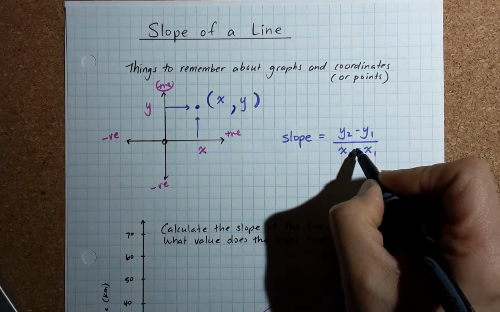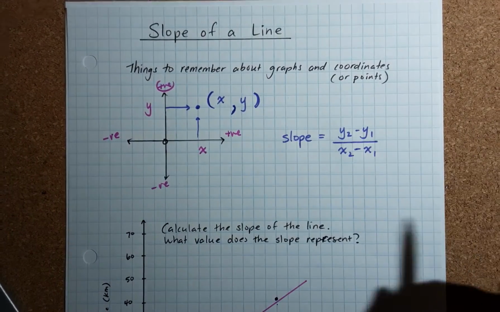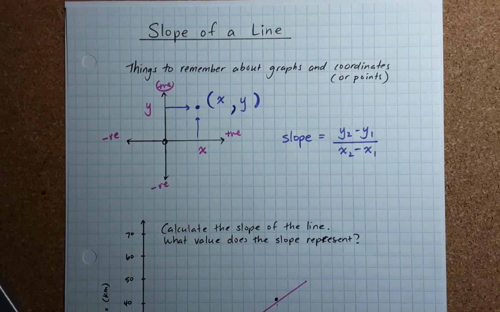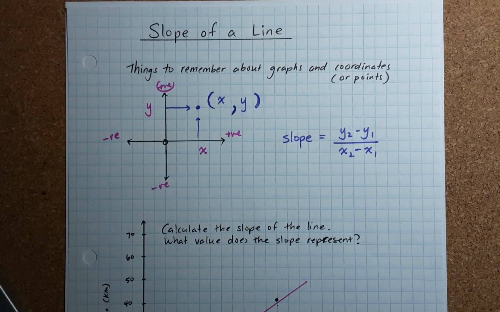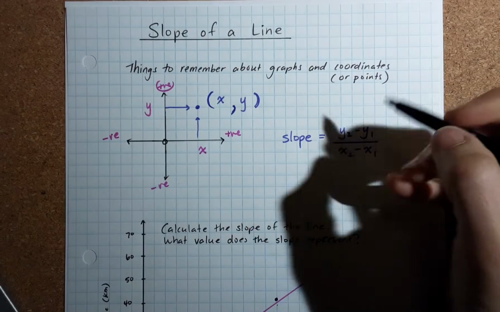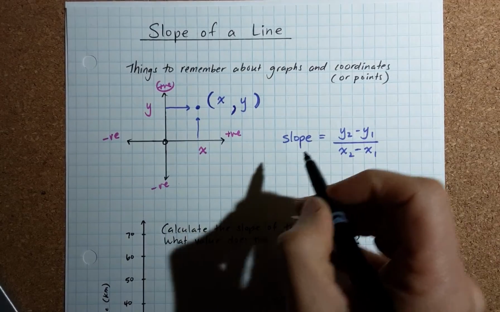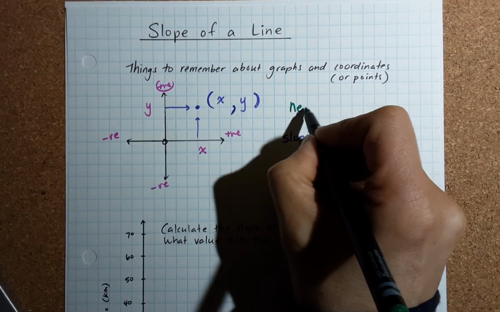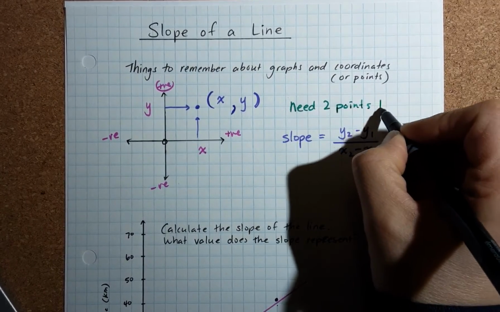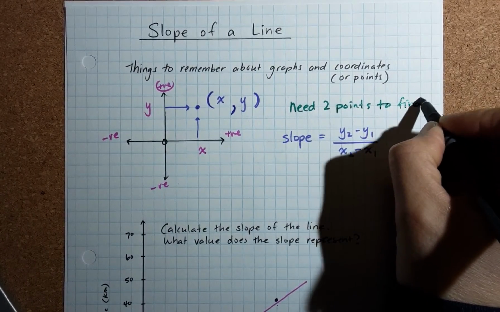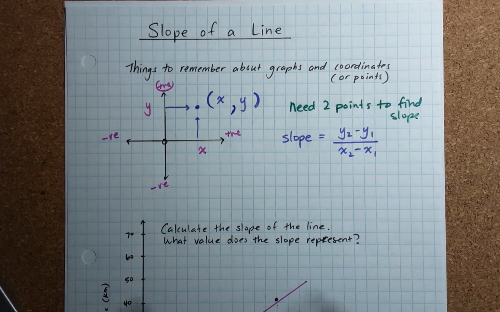And you might be asking yourself, what are those? Well, those are 2 points. The subscripts mean point, okay? So to find slope, you need 2 points. And you're always calculating it, all right?